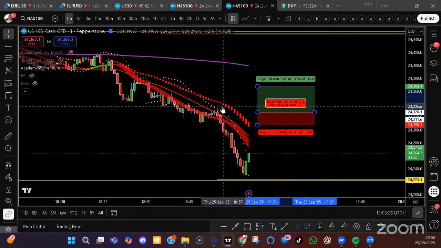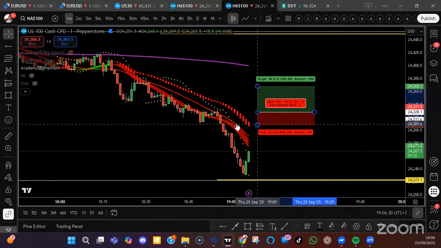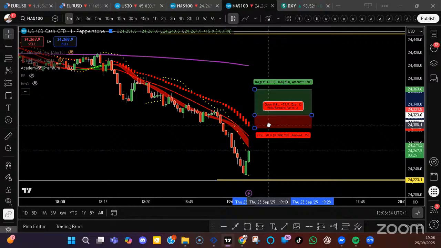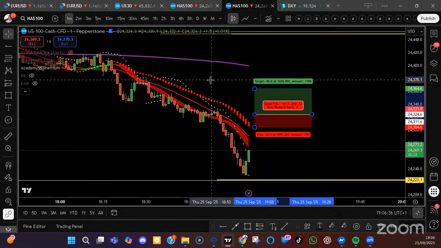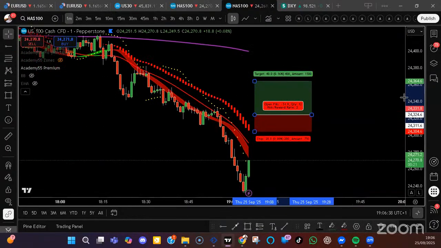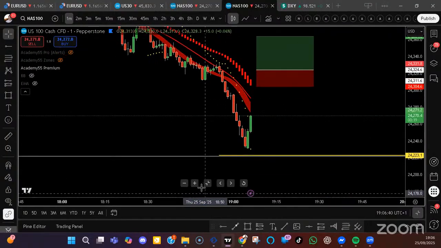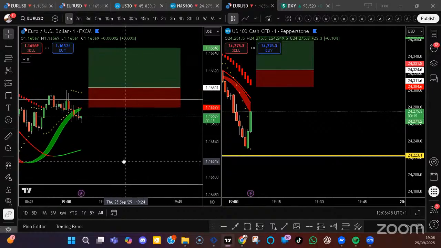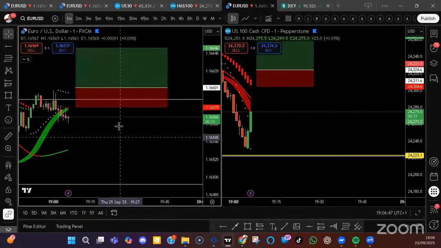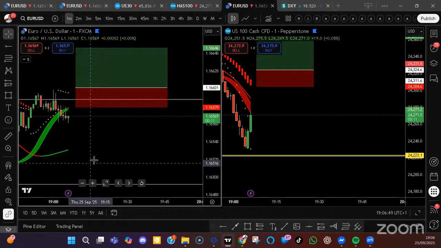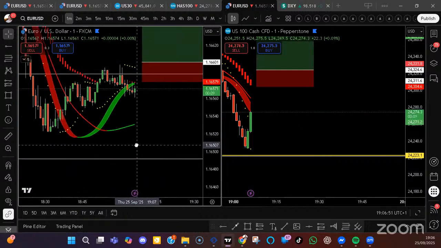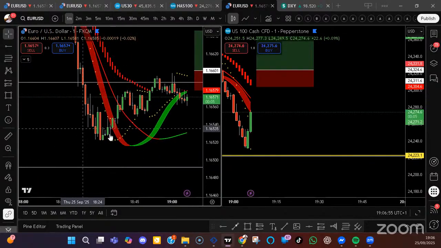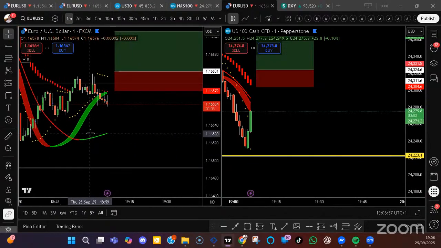And in anticipation of the red wave turning green, price has got to go all the way up here to give us a nice buy alert. So we'll be looking at that one a bit more intensely because there's no confirmations. With this one, we haven't got any buy zones yet. That might develop into a buy zone actually, so we'll keep an eye on that. But no buy zones as yet.